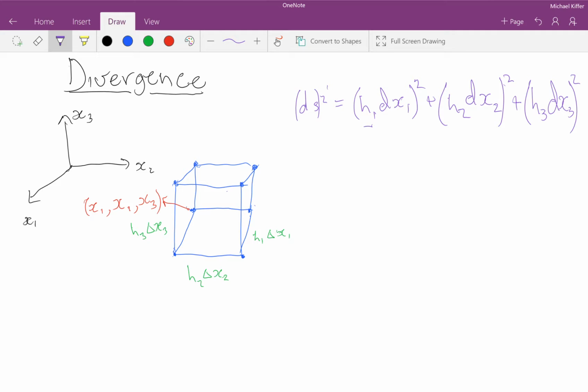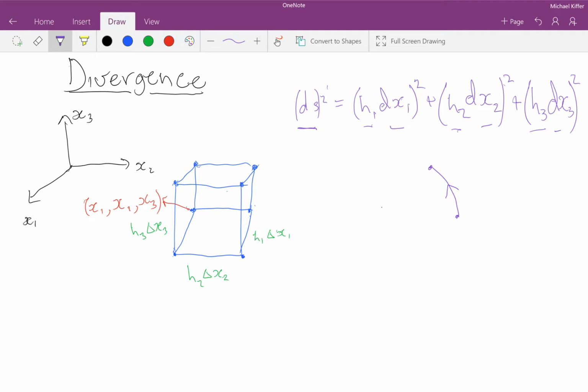Again, these scale factors make sure that all of these components have a length scale. This ds is how far you've traveled along some arbitrary vector, and these are arbitrary direction components. So if you have a change in an angle, you need to multiply that by some factor to make sure that that change in angle corresponds to a change in length.